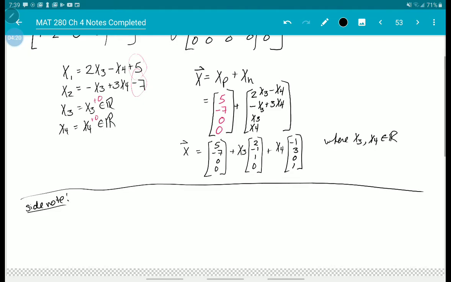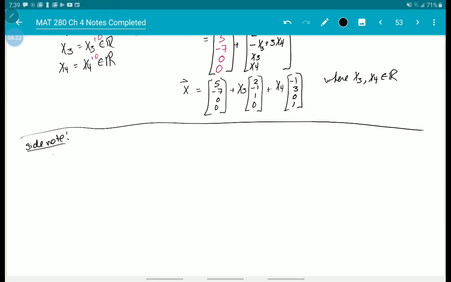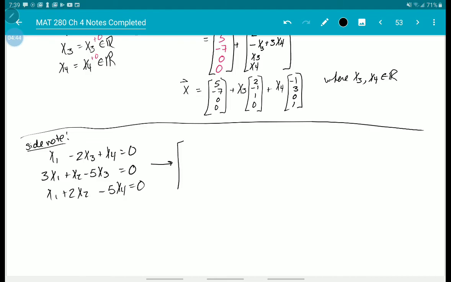So you're technically solving two systems in one here. If we were to solve this system where it's homogeneous, here's our augmented matrix.